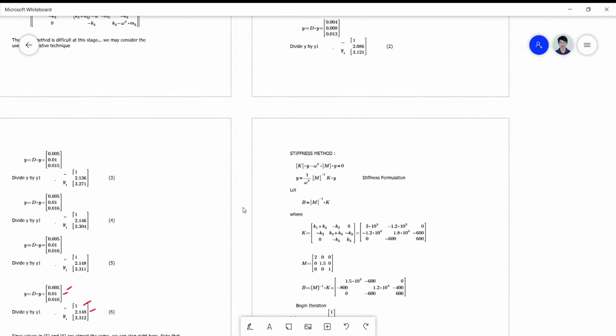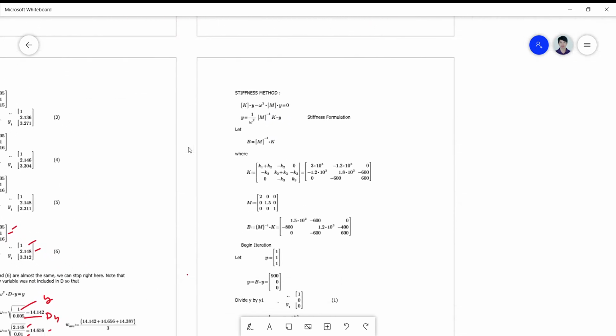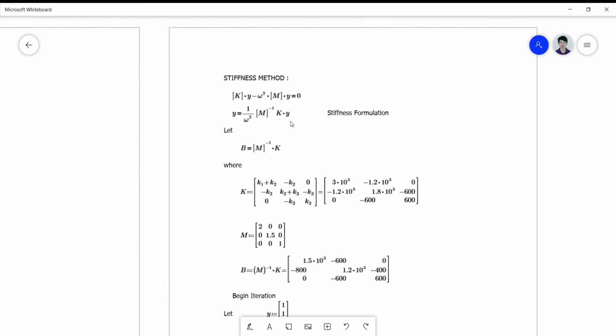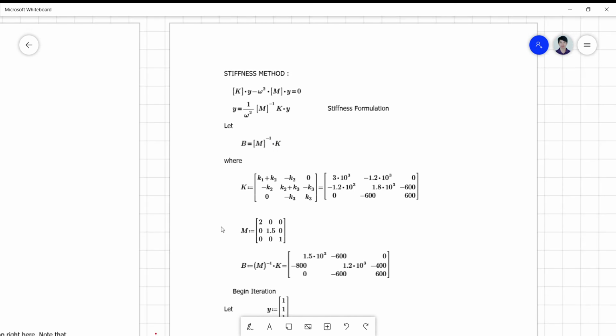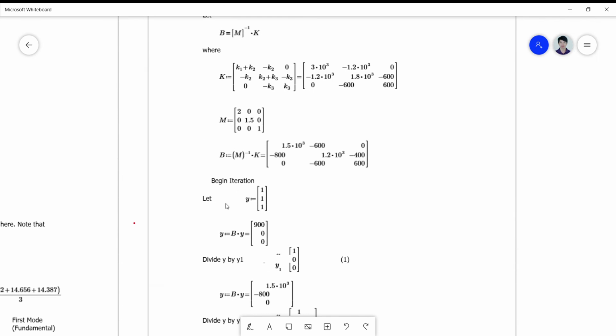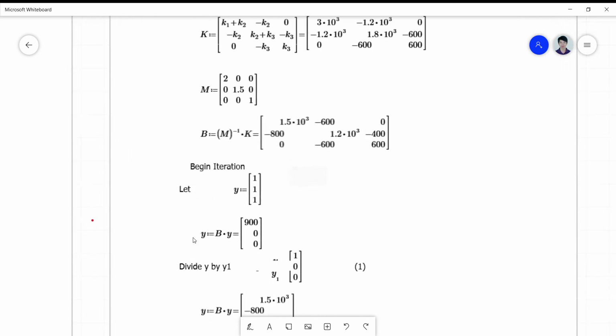The procedure is almost the same. The only difference is that the stiffness formulation is now straightforward. There's no k to the negative 1, it's a k there, and your coefficient B is defined in terms of m to the negative 1 k, and using that B to come up with an iteration here, 1, 1, 1. So everything is just the same.